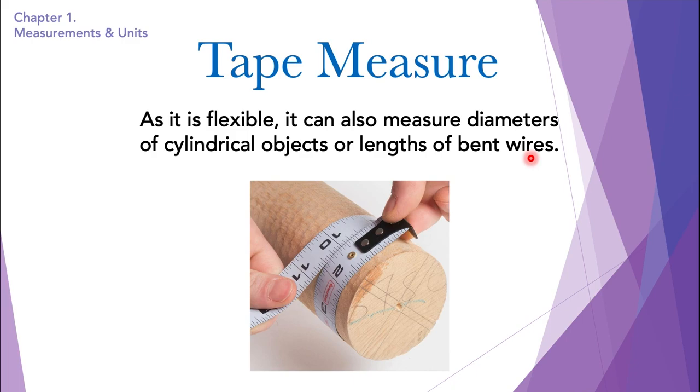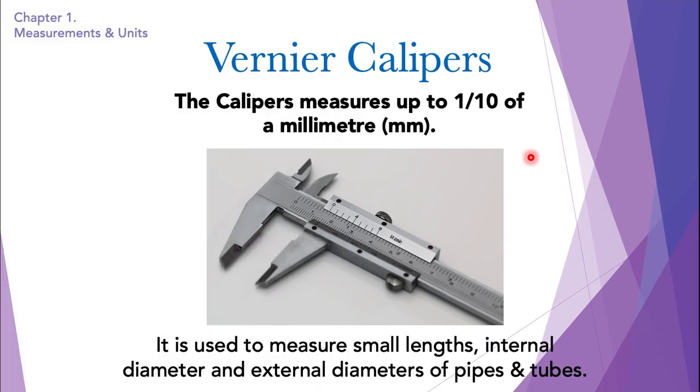Now let's move ahead onto the Vernier Calipers. So the Vernier Calipers measures up to 1/10 of a millimeter. So if I divide a millimeter into 10 parts, the 1/10th part of this millimeter is the accuracy of the Vernier Calipers. So the calipers is used to measure small lengths, internal diameters and external diameters of pipes and tubes.